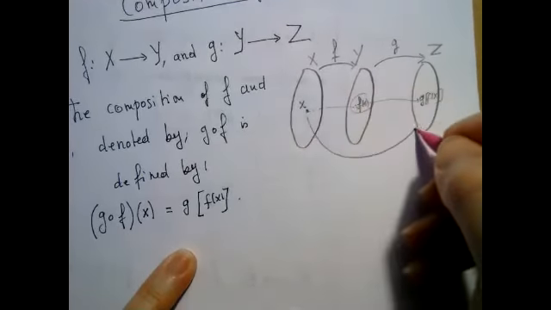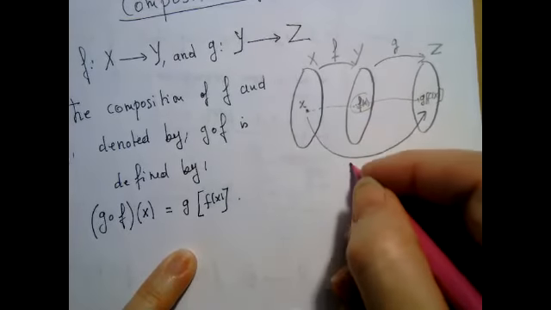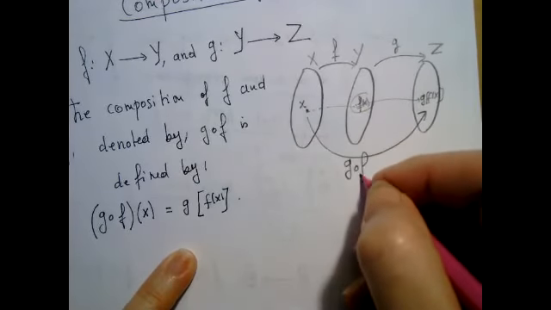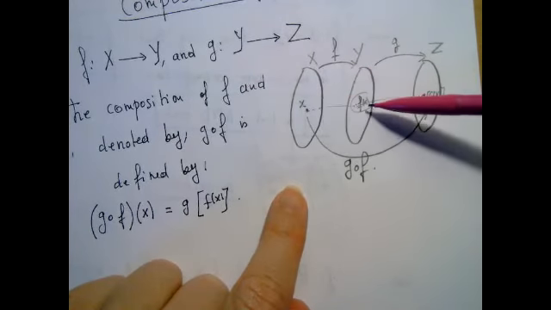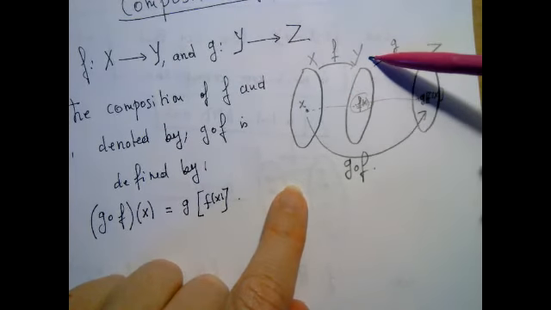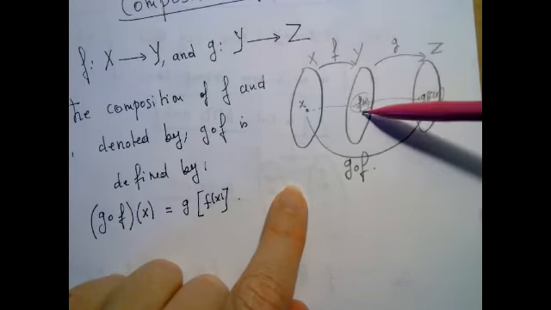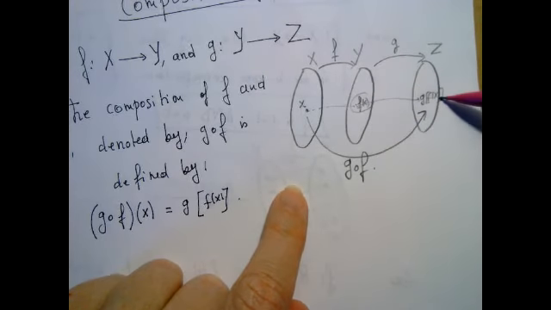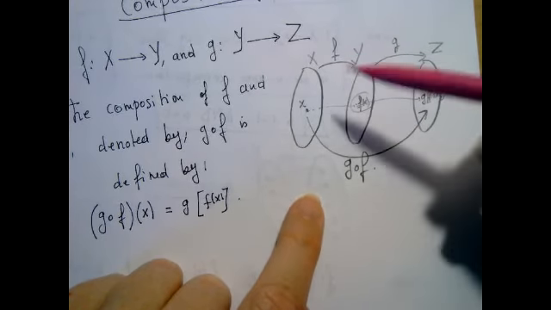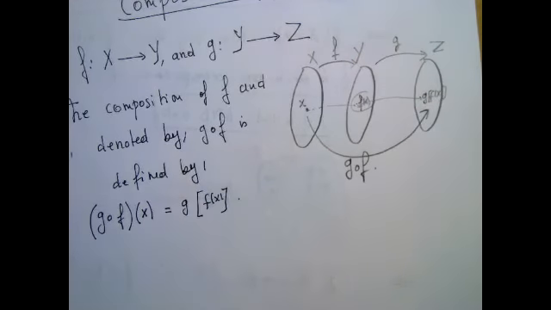This function from here to here that operates this way, that's g composed with f. So that's really the composition. We start with x, we compute f of x, which is an element of y, and then we let g act on the output of x under f, and then we get g of f of x. And that's really the picture for composition.